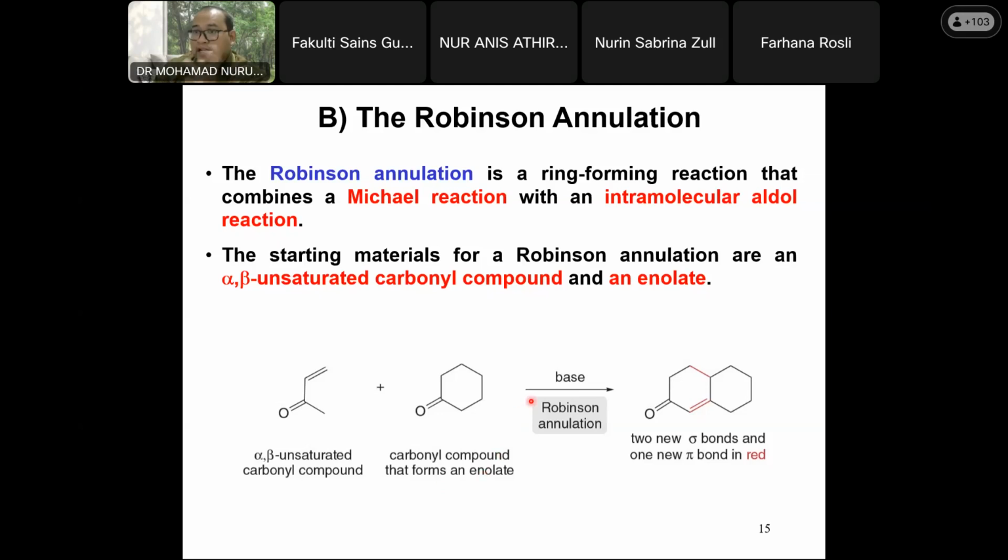They need base to form enolates, and in this case they form two new sigma bonds, which is on the top. This one is the new sigma bond, and the bottom one, and also one new pi bond.